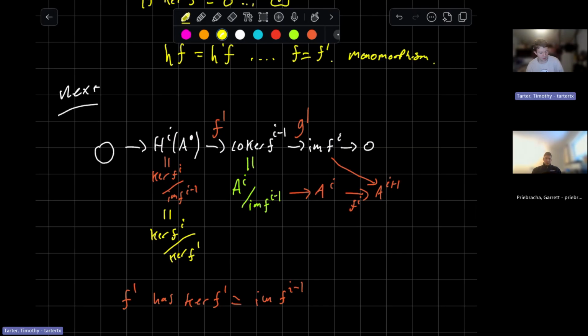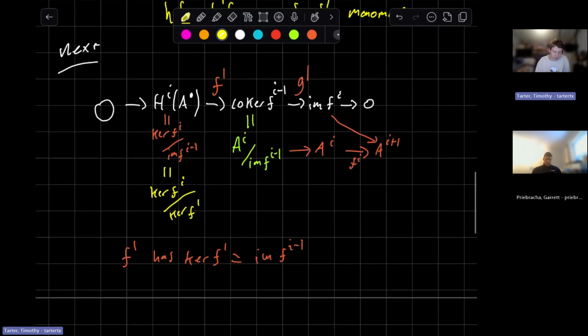Okay, so the kernel of Fi lives in AI. Yeah, the kernel of Fi lives in AI. So then F prime is an inclusion map into AI.